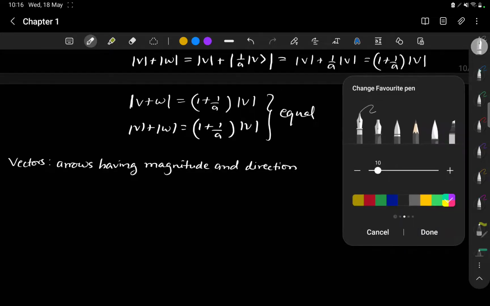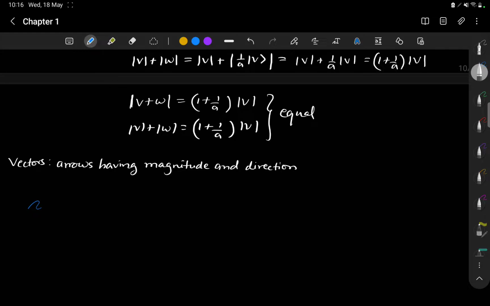Let us say we have some arrow. This is one vector. The magnitude of this vector is denoted by the length of the arrow, and the direction is the direction in which the arrow points. So this is one arrow of a certain magnitude and certain direction. Another arrow can be in another direction having a different magnitude.